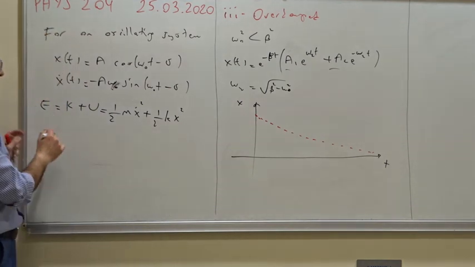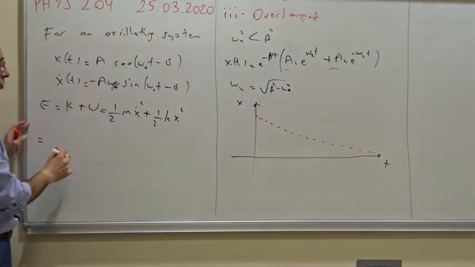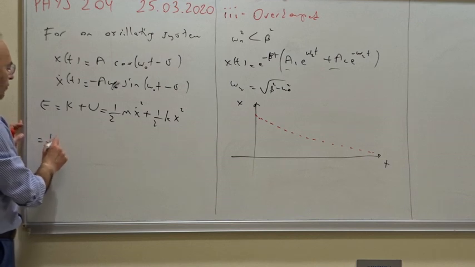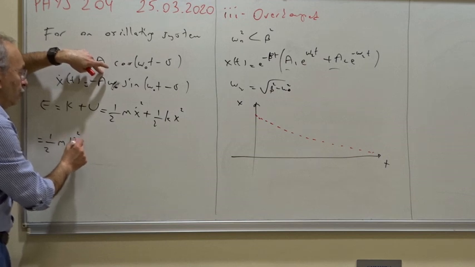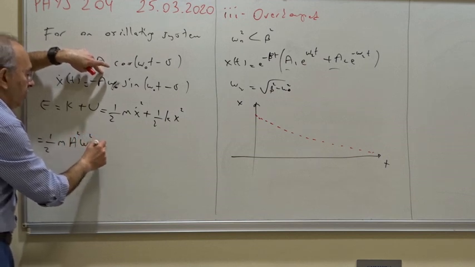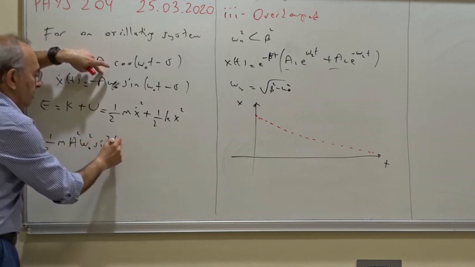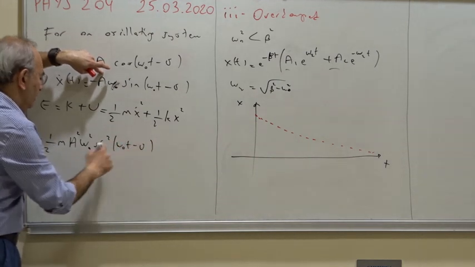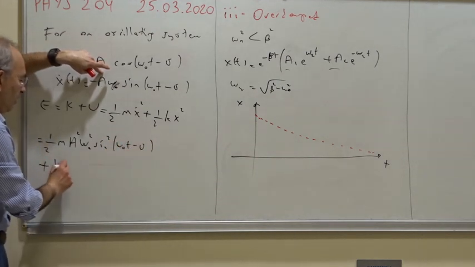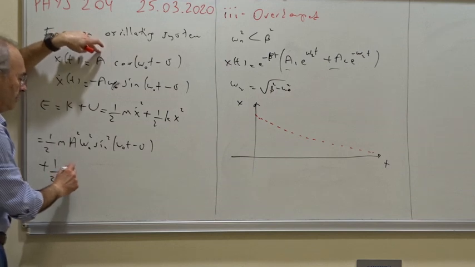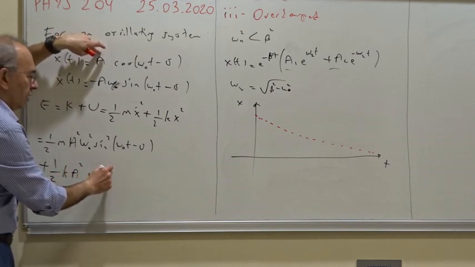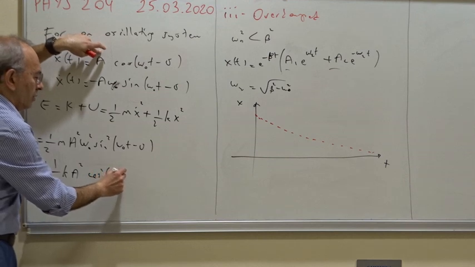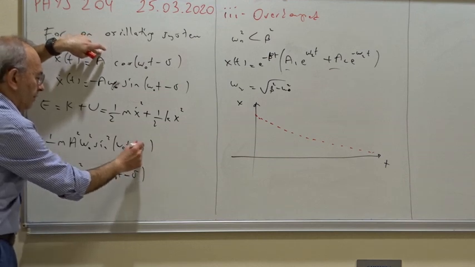If you write them in this form, 1/2 m times the square of this is A squared omega 0 squared sine squared(omega 0 t minus delta), plus 1/2 k A squared cosine squared(omega 0 t minus delta).